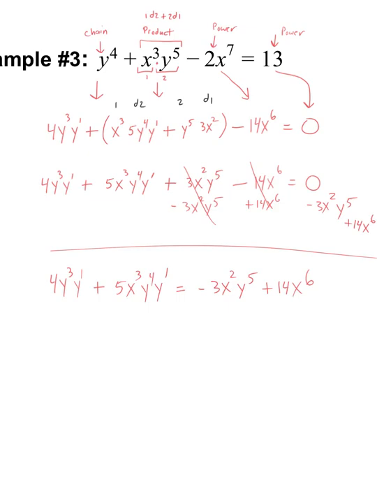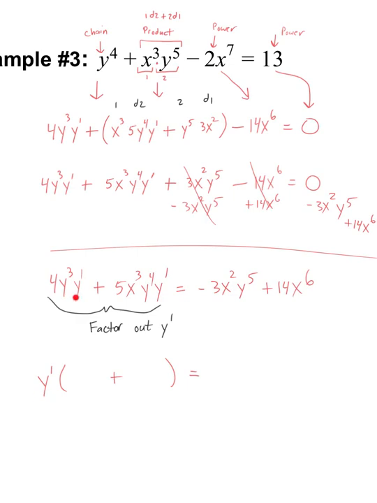Now, you notice we have two terms that have a y prime in it. We need to get y prime by itself, so we only need one of them. So what we do if there's more than one term with a y prime in it is we factor it out. We factor out y prime. So that means we put it in front and we rewrite that binomial on the left-hand side. When you're factoring out a common factor, you divide. To get this term, we divide the first term by y prime.